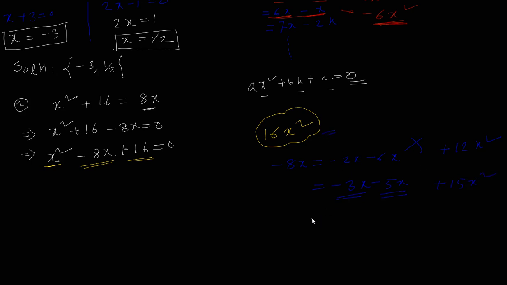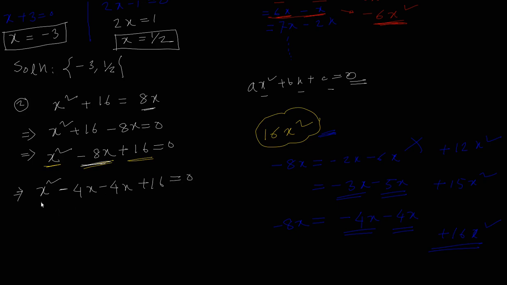Let me see if I can write negative 8x as negative 4x, negative 4x, and if I multiply negative 4x with negative 4x, I get 16x square, and that is exactly what I wanted. That means I can write x square, and for negative 8x I write negative 4x and negative 4x, and then plus 16 equal to 0.